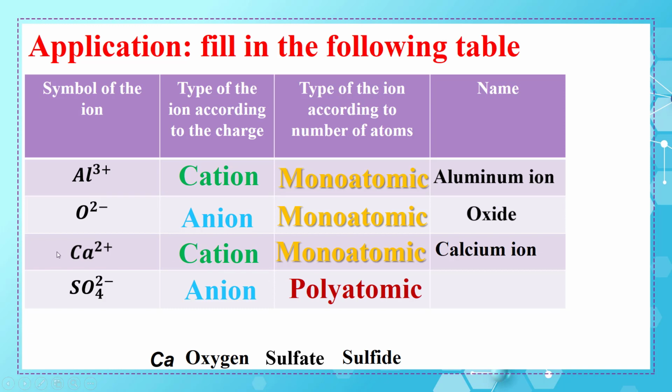The same thing applies to the calcium ion, which is a monoatomic cation. We put the name of the atom, which is calcium, and we add the word ion. Then we get calcium ion. And finally, here I have SO4 2-, which is a polyatomic anion. We just need to add ATE to become sulfate.